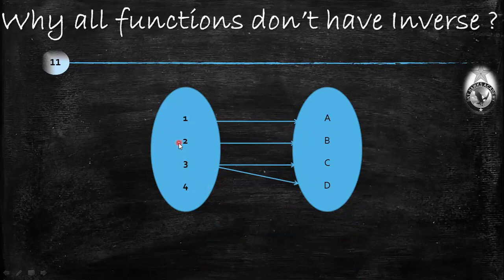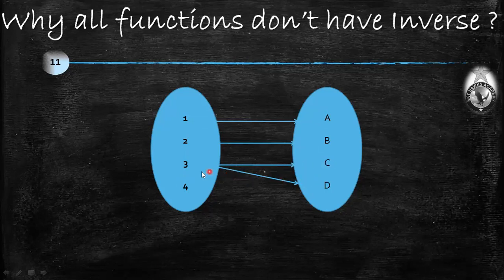One more easy way: suppose these are the women and these are the men, and you know that a woman can marry only one man at a time. So look at this. This number three woman is going to this and this.